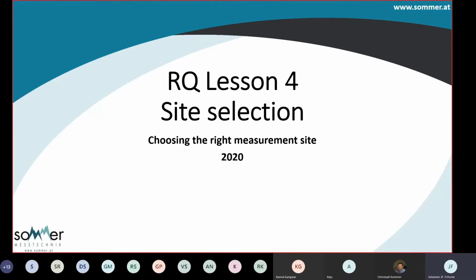And after that lesson, I will also give you a very brief introduction to the configuration of your RQ system, what are the main topics to consider, and how you are going to configure your instrument. But first, let's focus on the site selection. What is a good place where to install my RQ instrument? What do I have to consider?